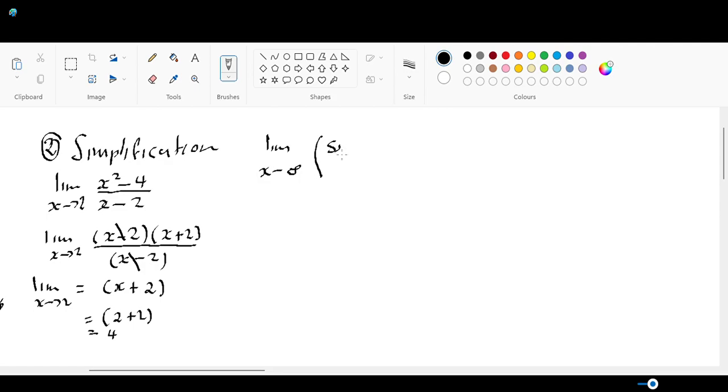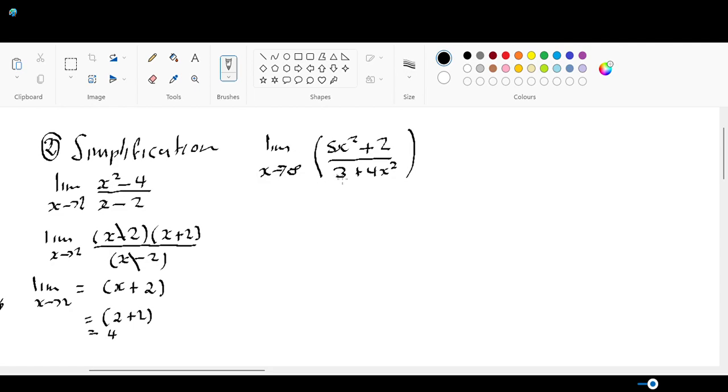Maybe you have 5x plus 2, and let's divide it by 3 plus 4x squared. So x is approaching infinity. As you can see, you can't simplify this, guys. This is as good as it can be. You can't take out a common factor, you can't do anything.